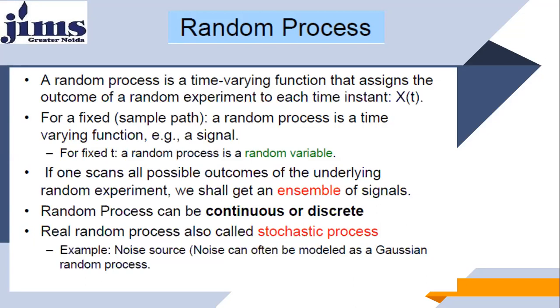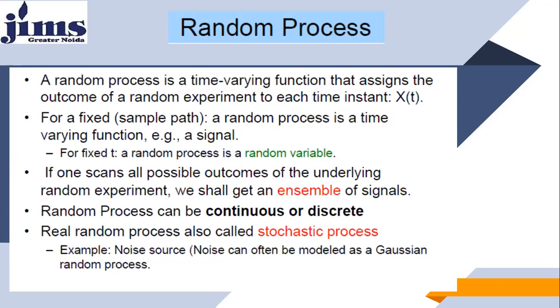You can't predict in advance what the temperature will be after 1 hour. So that process comes in the category of random process, because the measurement of temperature in a day is a random variable and its value changes with respect to time. That's why we denote this random process as x(t).